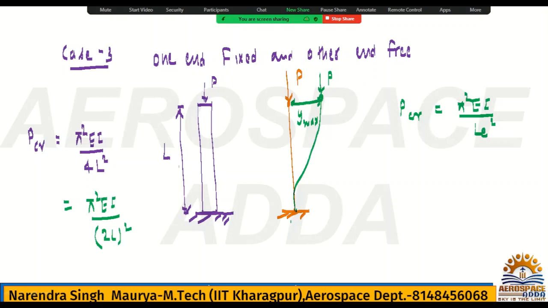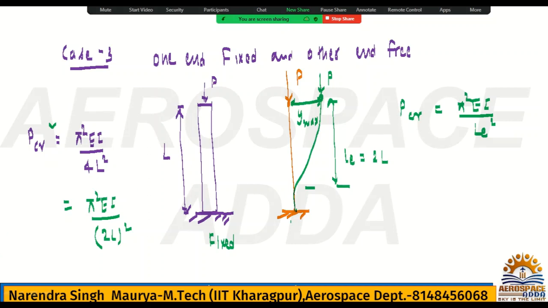Sir, can we just simply remember all the case formulas and LE values? The LE value is very important here. The formula will be the same for everyone, just LE will be different. Yes. No, the formula is not the same for this. For this case, this is the formula. This is the standard formula.